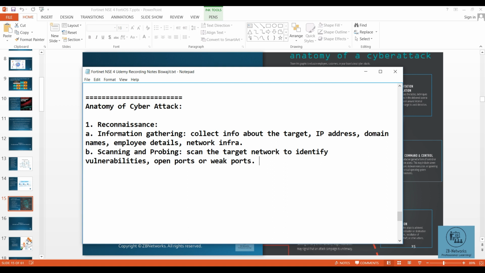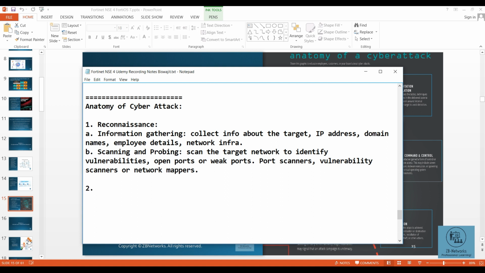To do that, they use tools like port scanners. They can even use tools like Nessus; there are a lot of vulnerability scanners. Or they can use tools called network mappers.